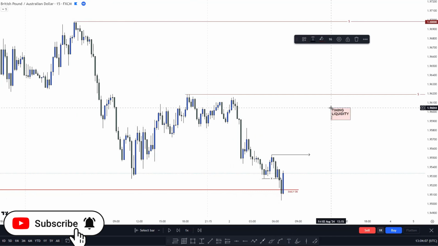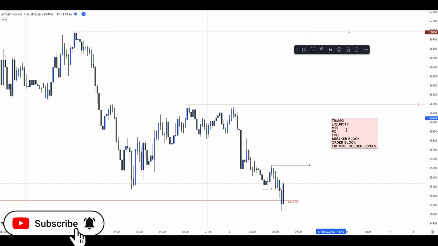After that we are looking for the market structure shift, then we find our point of interest, either being a fair value gap, a breaker block, an order block, or any retracement to our golden levels.